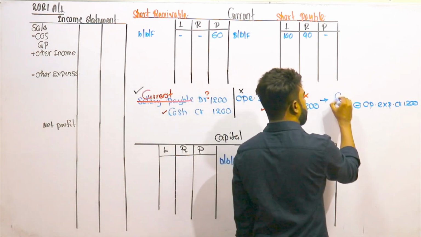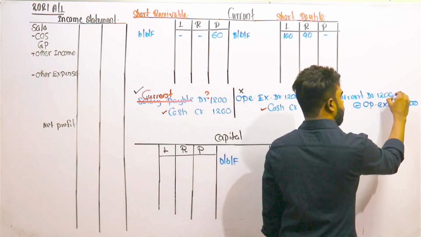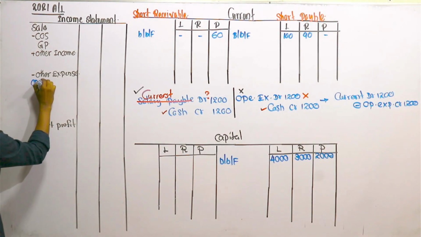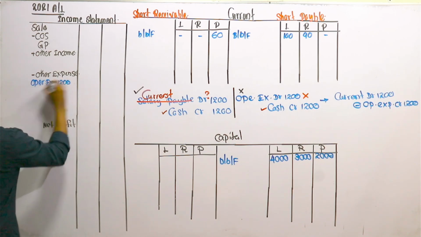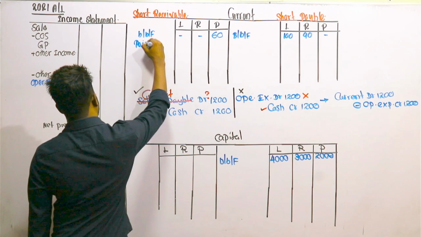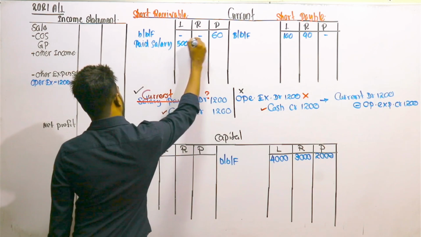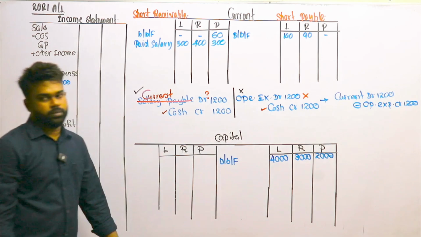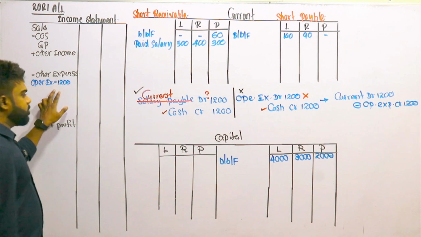Therefore, current account debit 1200, and I will deduct the operating expenses from here. Then the total amount should be deducted from operating expenses.